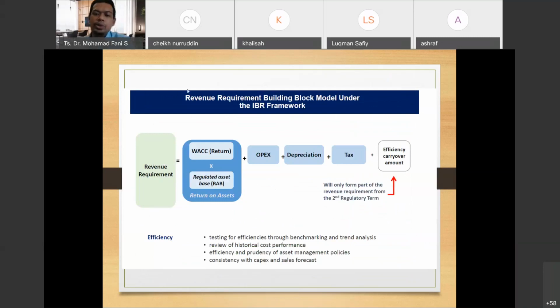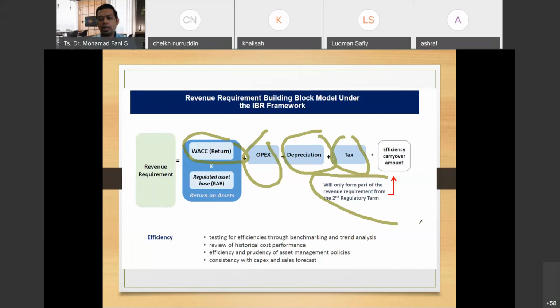This is the revenue block model under the IBR framework. So the OPEX, the depreciation, tax, and then the WACC return for the TNB, and then the carry over amount: if TNB achieves the KPI, they can get the carry over amount from the previous regulatory period.